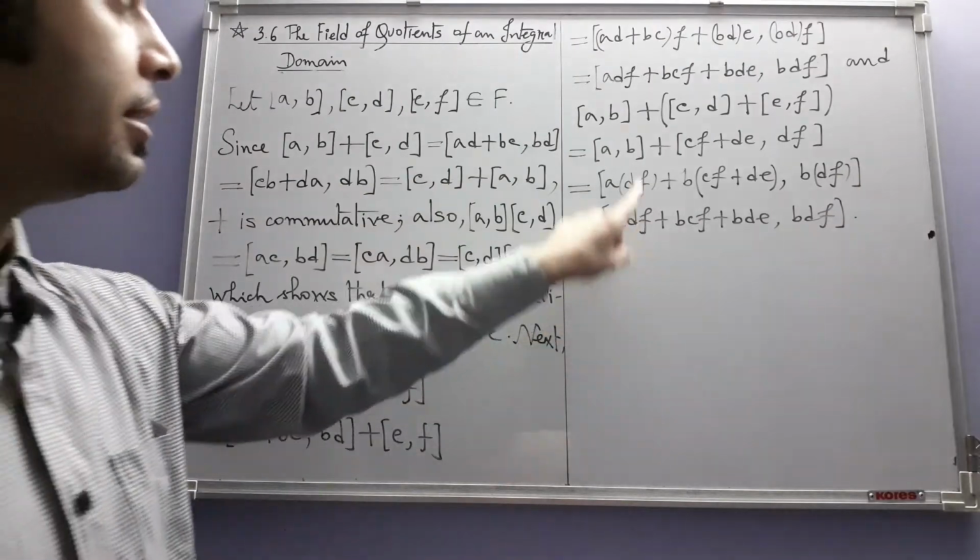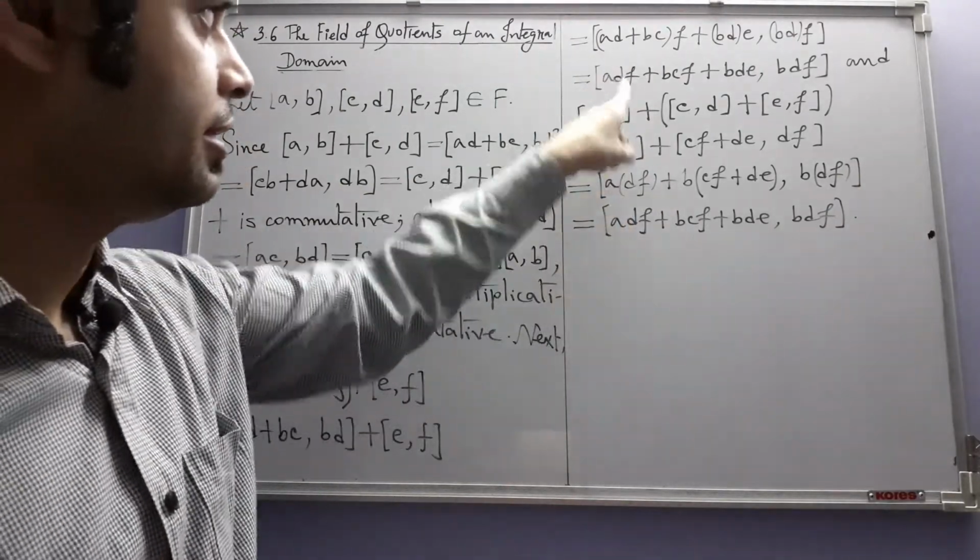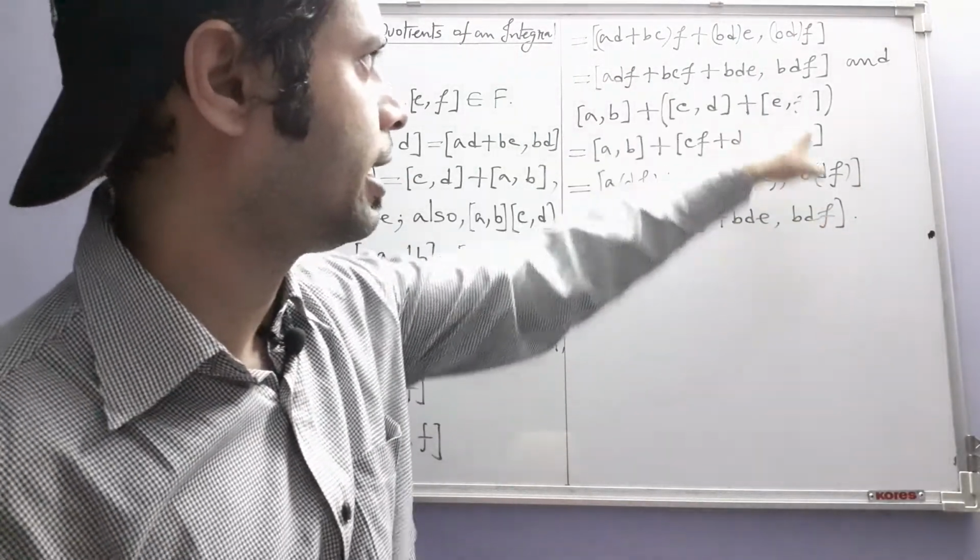Now you see that these two are actually equal: adf, bcf, bde and bdf.